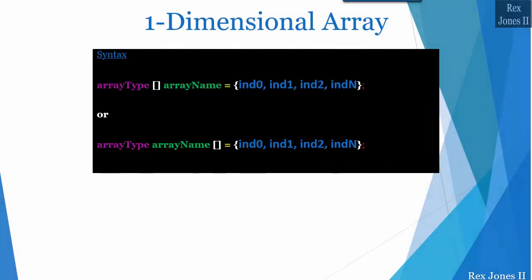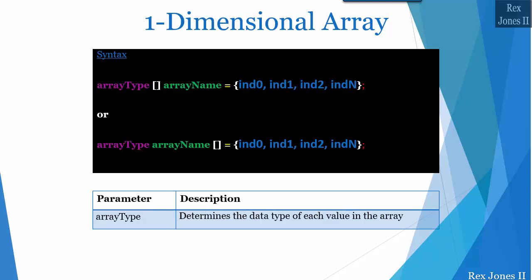As an introduction, here's the syntax for a one-dimensional array. We have array type, array name, and index. The array type is set when declaring an array. When the array is initialized, the number of elements must be set as well.